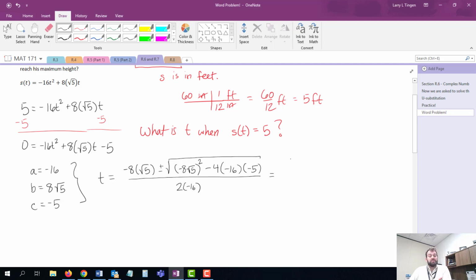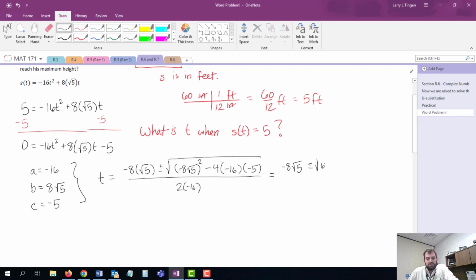Now, what's going to happen here? Negative 8 times the square root of 5 is just negative 8 times the square root of 5. There's nothing to do there. Plus or minus the square root. Now, negative 8 times the square root of 5 squared means negative 8 times negative 8 times the square root of 5 times the square root of 5. Negative 8 times negative 8 is positive 64. The square root of 5 times the square root of 5 is 5.